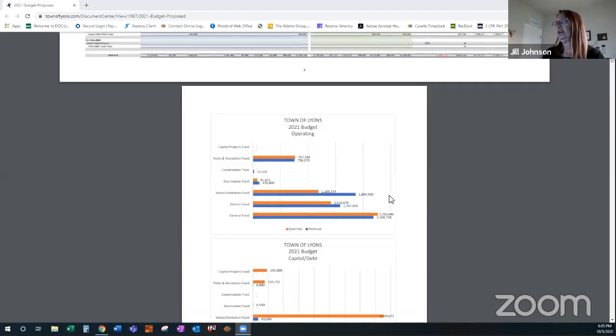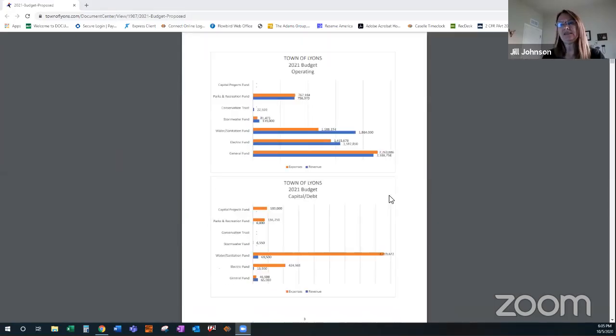The next section is going to talk about, in the last board, we talked a lot about operating versus capital. And they wanted to make sure that our revenues, of course, always covered our operating expenses. And that a lot of times we have capital, but we don't have enough one-time revenues to cover that. And it's capital and debt.